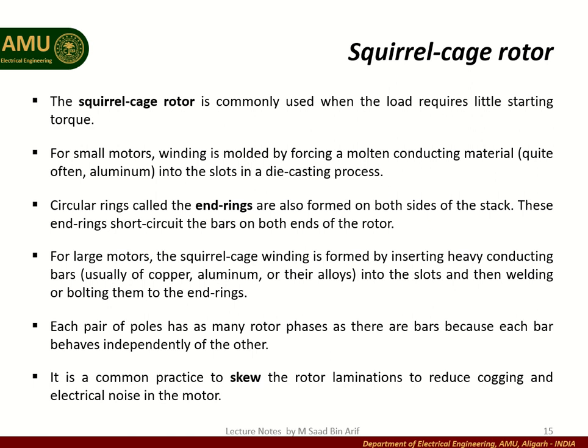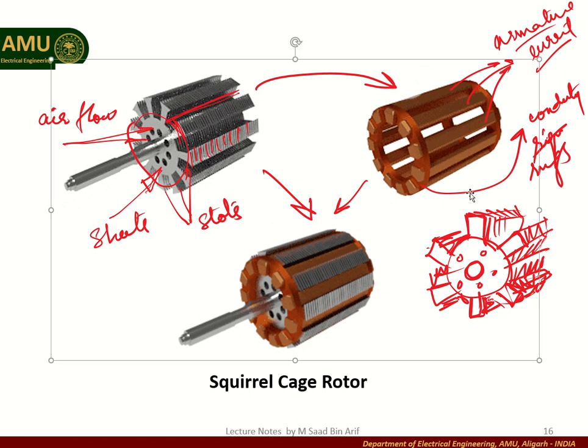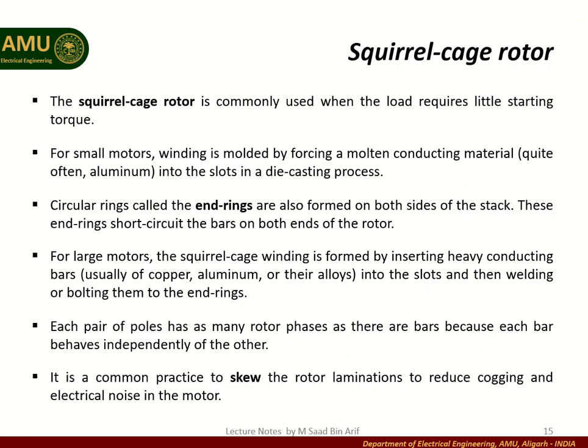Instead of welding, we just make a mold and put the material in it, and the whole molding process provides you a structure like this. Now for a large motor, the squirrel cage winding is formed by inserting heavy conductors, as shown.